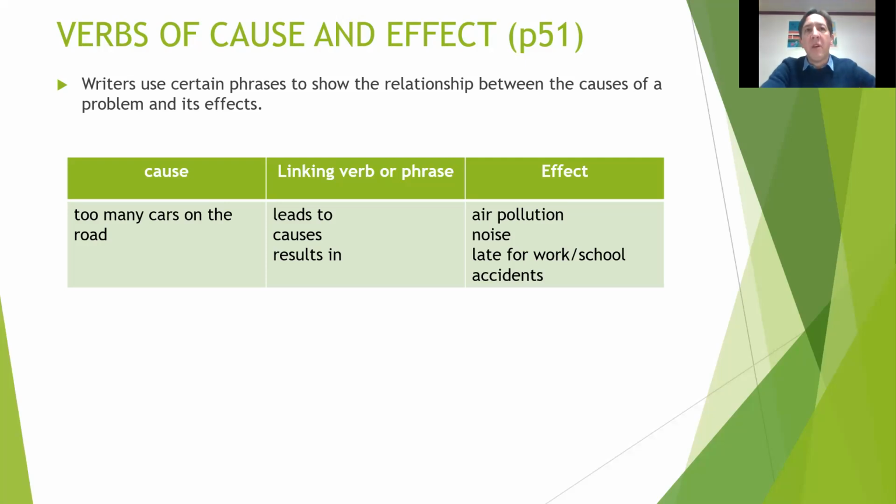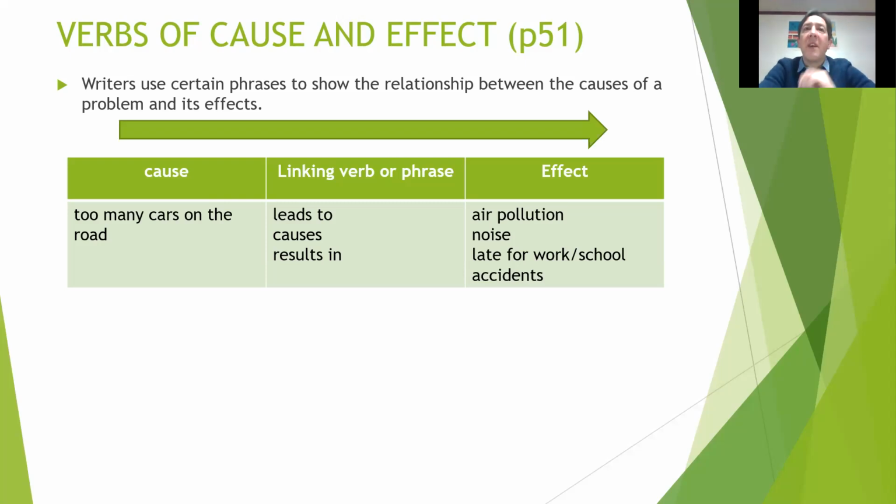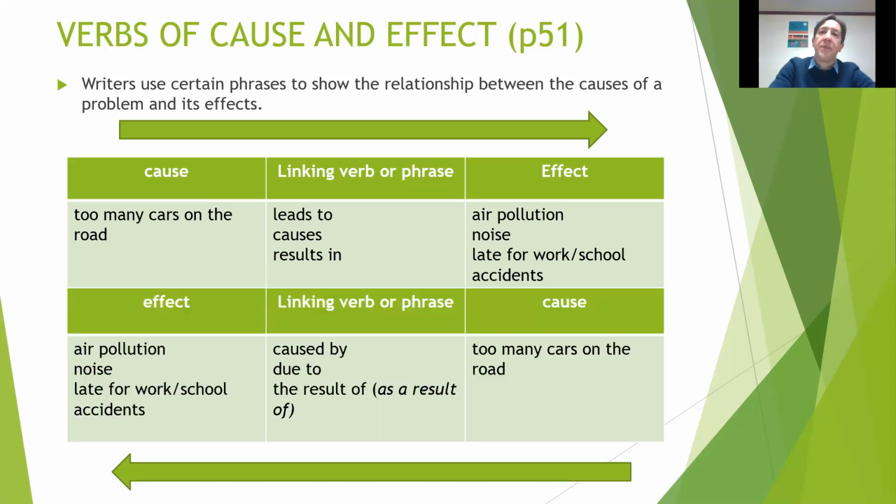Too many cars on the road leads to air pollution. Too many cars on the road causes noise. Too many cars on the road results in people being late for work or school. Too many cars on the road causes accidents. So as you can see, these are linking verbs or phrases.